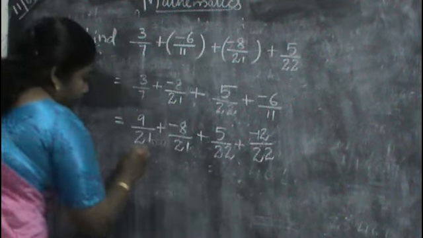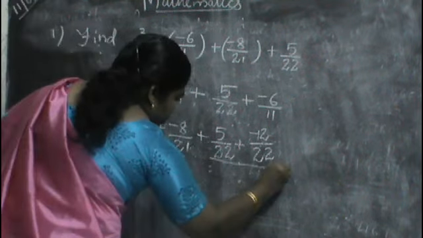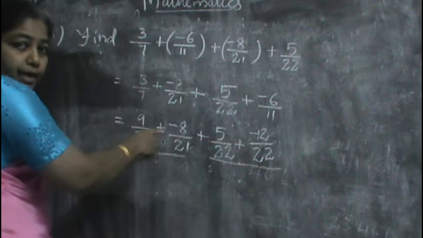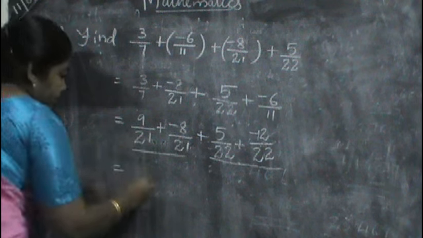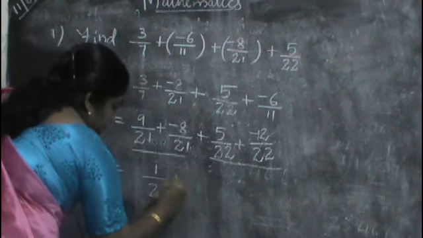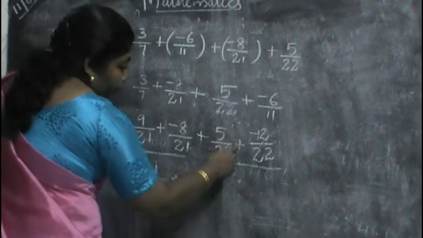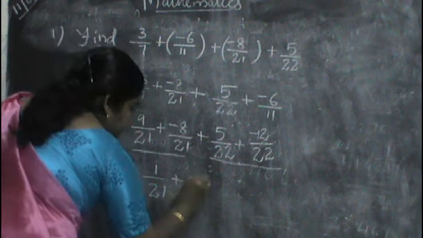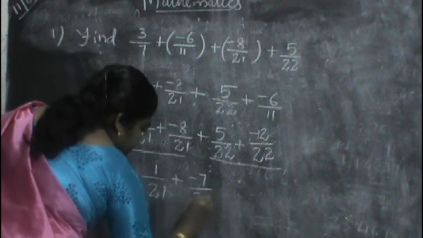Now we can add these two and these two. What is 9 plus minus 8? That is equal to 1. 1 by 21 plus, here what is 5 plus minus 12? Minus 7 by 22.